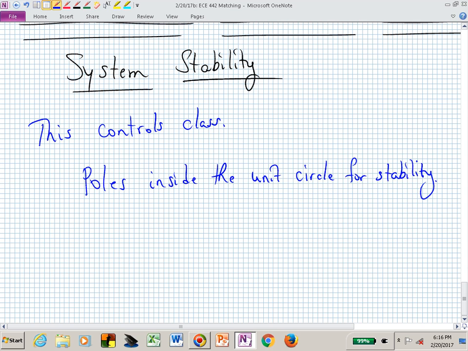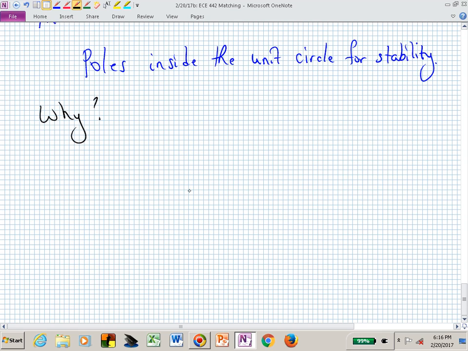So where does that concept come from, or why? Why do you get bombarded with, I need the poles of my system inside the unit circle in order to be stable? Let's just think of this in a picture setting.